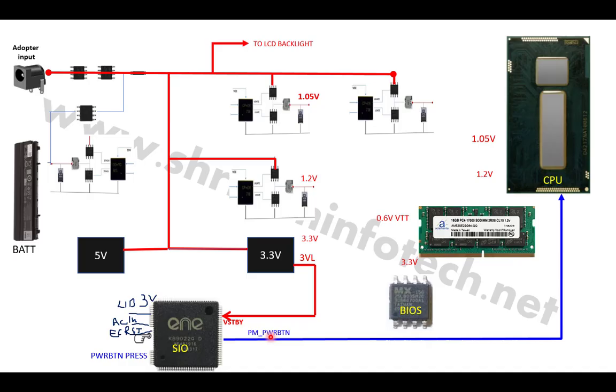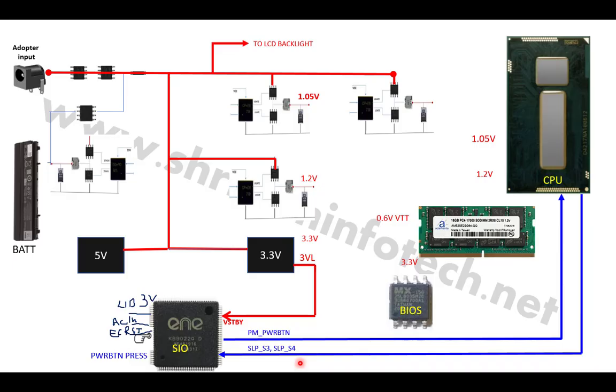So after this PM power button pulse goes to the CPU or the PCH, the PCH or the CPU or the SOC will respond and send 2 signals, called SLP_S3 and SLP_S4. Okay, so you have to check both signals, SLP underscore S3 and SLP underscore S4.